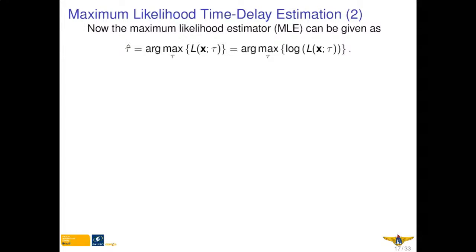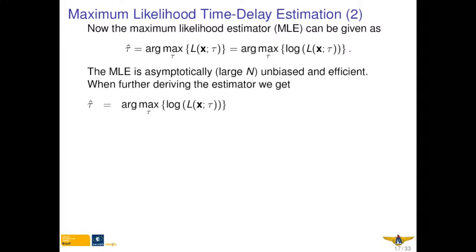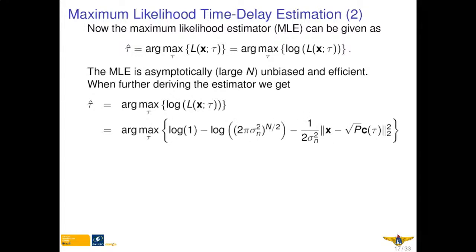We can also, instead of maximizing the likelihood with respect to tau, maximize the log likelihood with respect to tau, because the logarithm is a monotonic function. The maximum likelihood estimator is asymptotically unbiased and efficient for large N. When further deriving the estimator, we can now write, taking the normal distribution that I showed you on the previous slide, and we get these three terms.